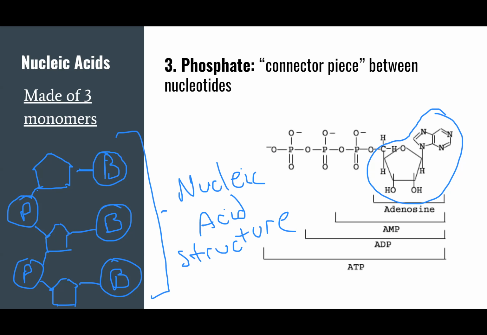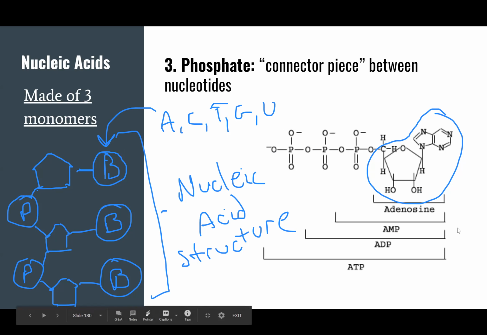And then you've got the base, which is sort of that defining feature: adenine, guanine, cytosine, and uracil, right? So these bases over here are going to be adenine, cytosine, thymine, guanine, and uracil. And that's the overall basic nucleic acid structure.